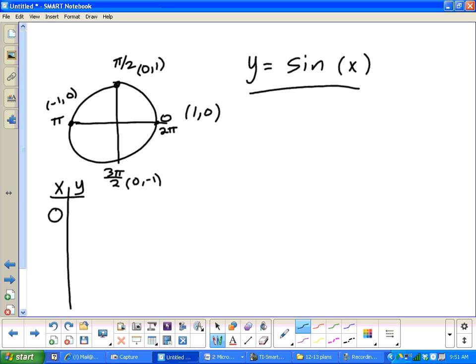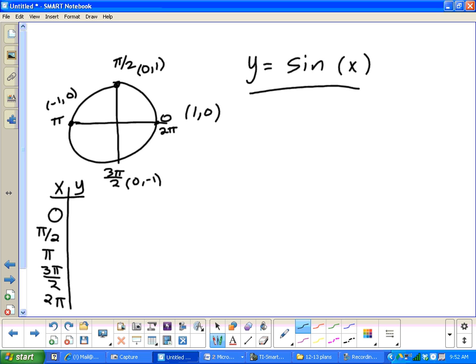So what comes next after 0 on my angles that I've got labeled on my circle? Pi over 2. And then what's my next one there? Pi. And then 3 pi over 2. And then all the way back around to 2 pi.